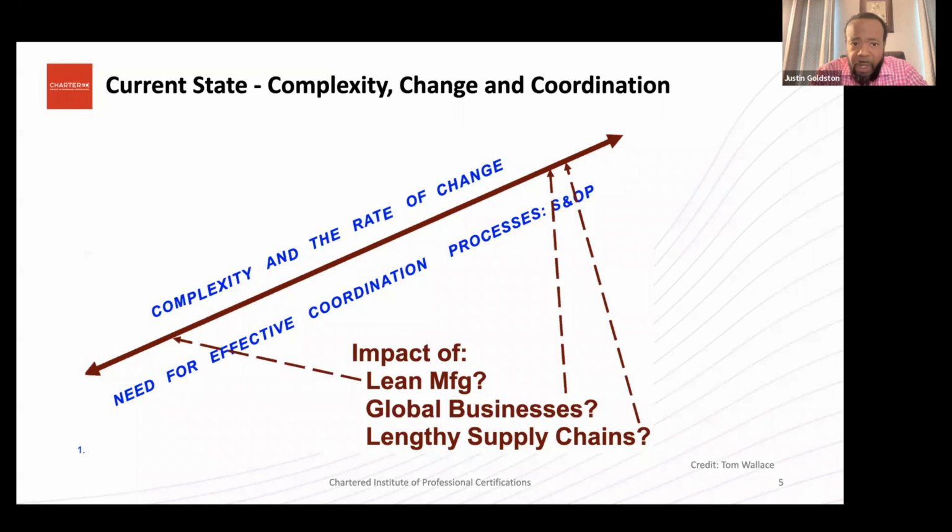So the inputs to complexity is the manufacturing. We've seen that this whole lean manufacturing concept was tested with the pandemic.